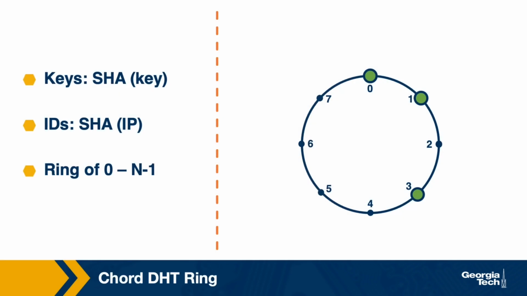In Chord, the DHT is represented as a ring of all the numbers from 0 to some value n-1. In this illustration here, it's from 0 to 7. This is a figure from the paper, essentially. The keys for the objects that need to be looked up are mapped to the same namespace of identifiers. So these are the values on this ring.